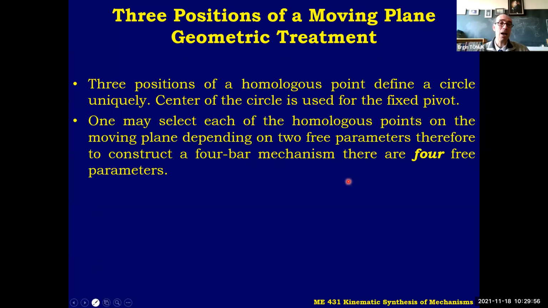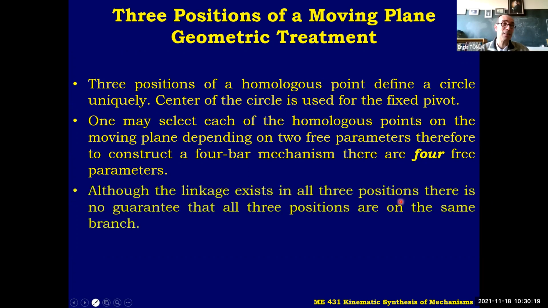So for designing a 4-bar, you have 2 free parameters to select. One homologous point, another 2 free parameters for the other. So still we have 4 free parameters to change our design. Okay. Why are these free parameters valuable? As I keep saying, the procedure guarantees that the linkage exists in all 3 positions, but there is no guarantee that all 3 positions are on the same branch.